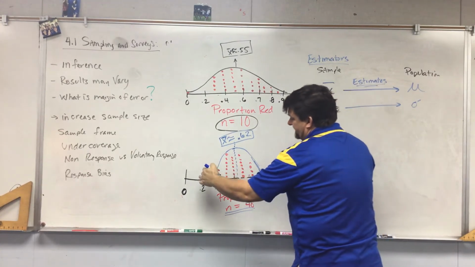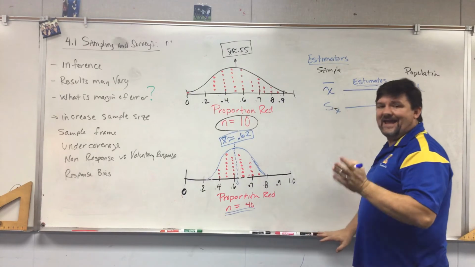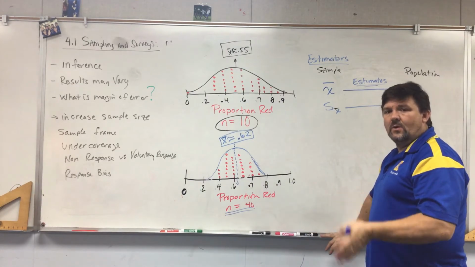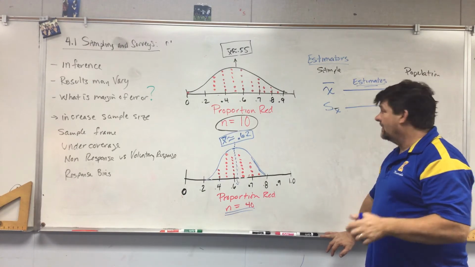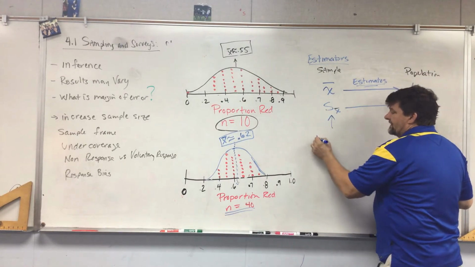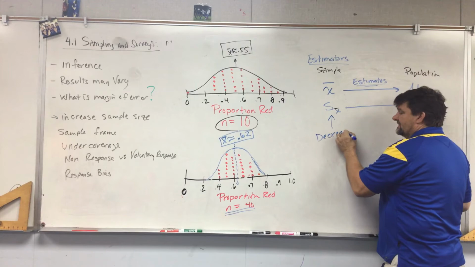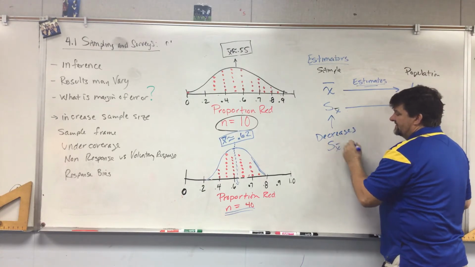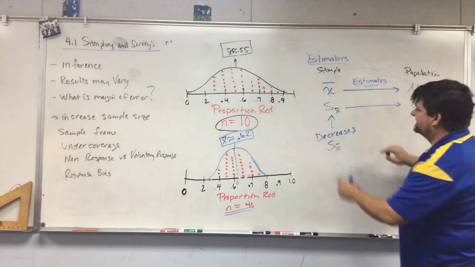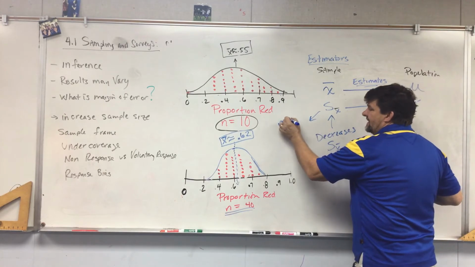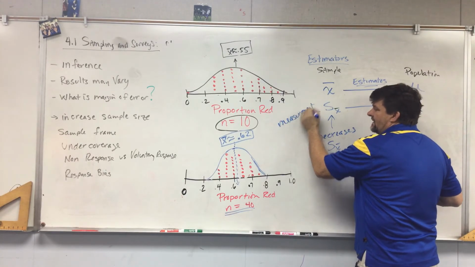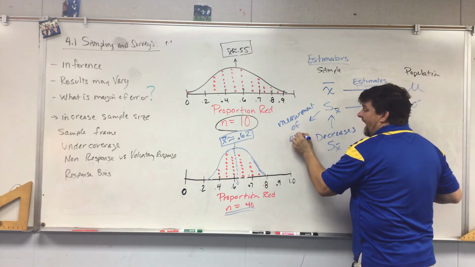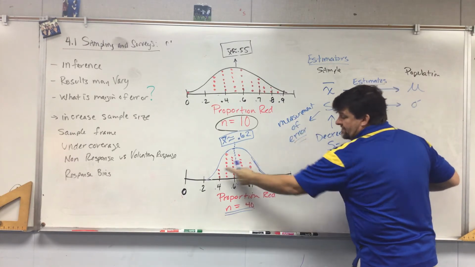It decreases our ability to make an error according to what the actual mean is. It actually decreases our standard deviation of X-bar, because this is a measurement of error.